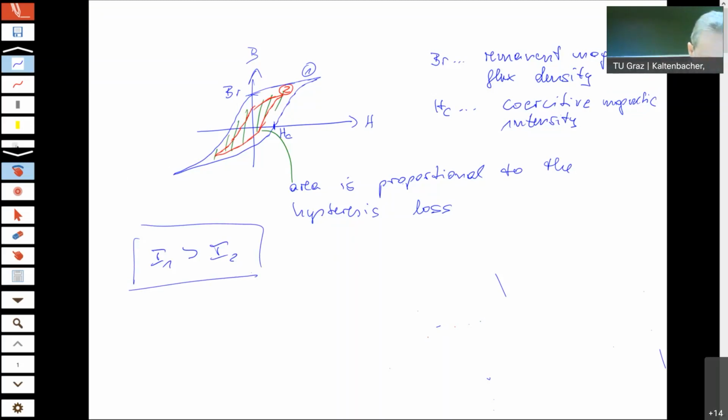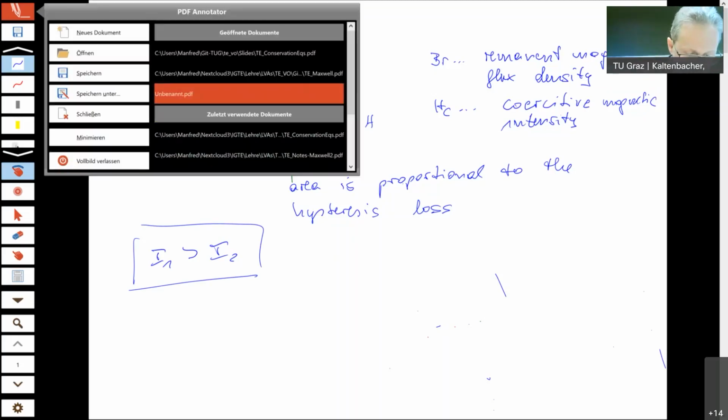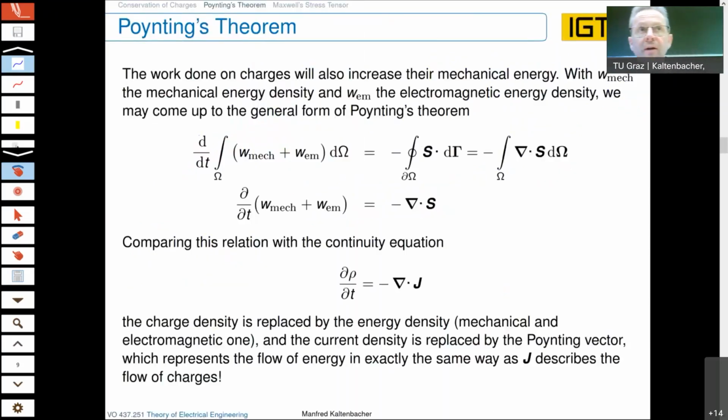Okay. Further question towards this idea to use the Poynting vector in order to get this decomposition into the eddy current part and into the hysteresis part.